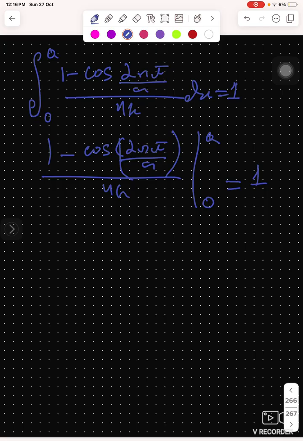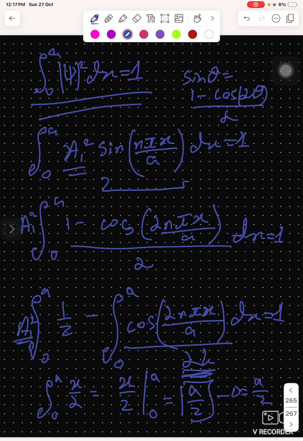1 minus cos 2nπ over a, and x is also there. Wait, did I add x as well?